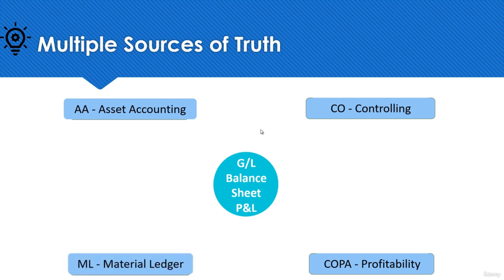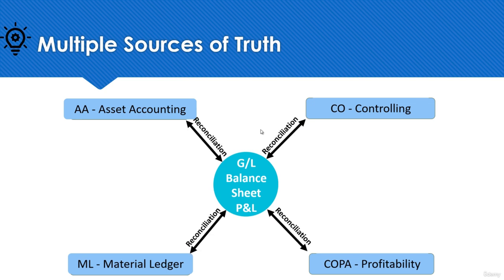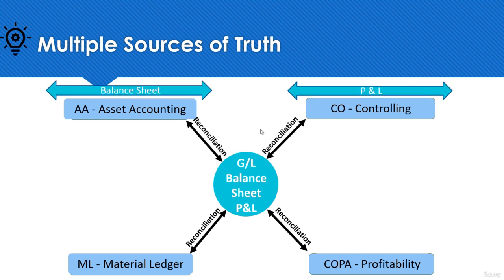And multiple reconciliation efforts are needed for the reports by architecture, such as balance sheet and profit and loss statements. So this reconciliation effort is no longer needed because of Universal Journal as single source of truth.